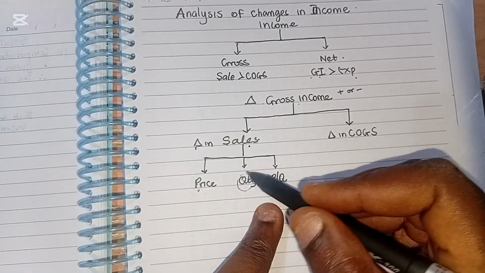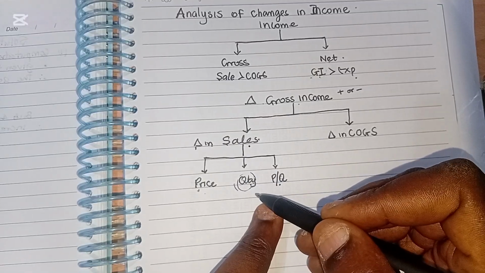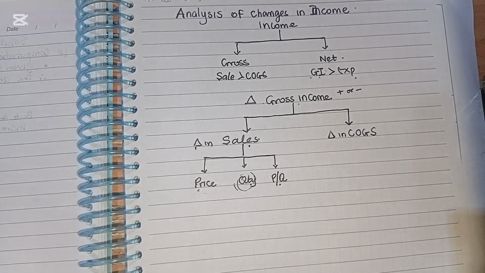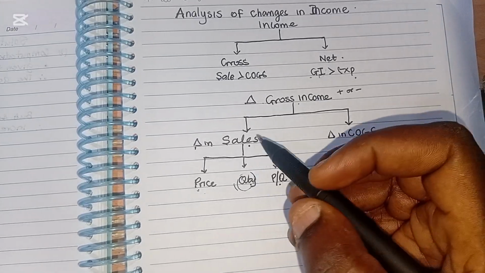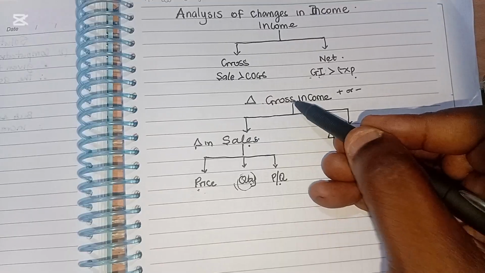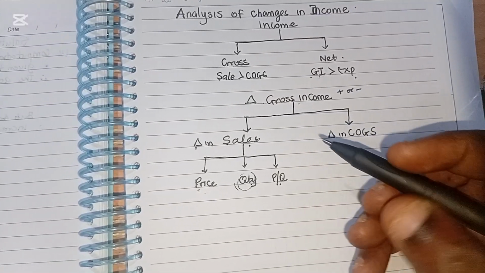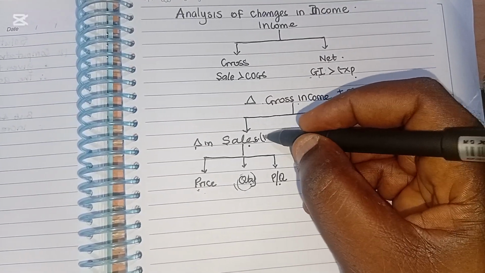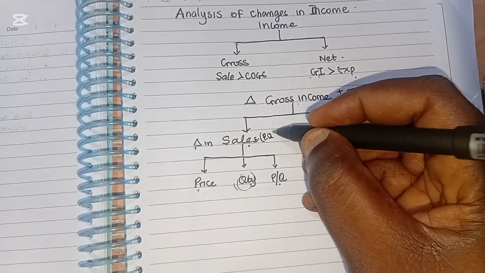If there is a change in the quantity, which can also be called the volume of sales, it will have an impact on the gross income. Don't forget that sales is price multiplied by quantity.